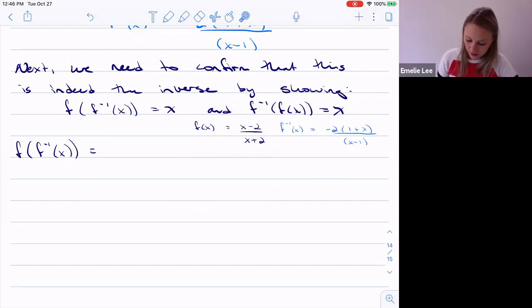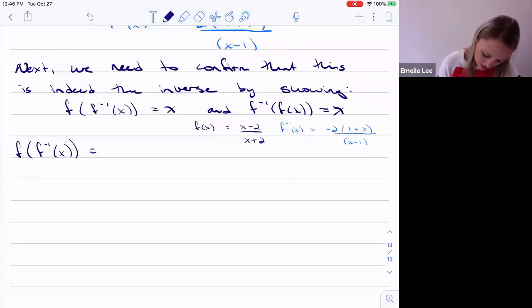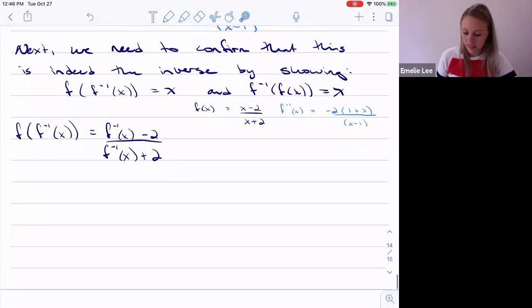So now, okay, I'm plugging in the inverse into f of x. So instead of x, I'm going to write f inverse of x minus 2 over f inverse of x plus 2.